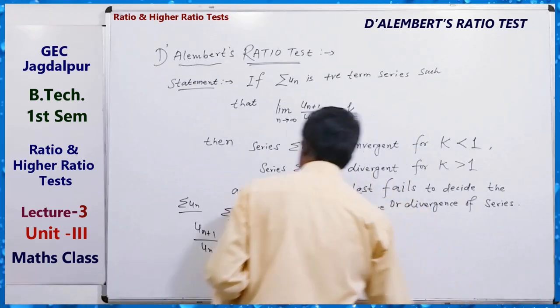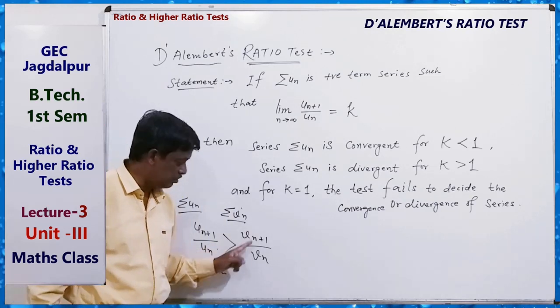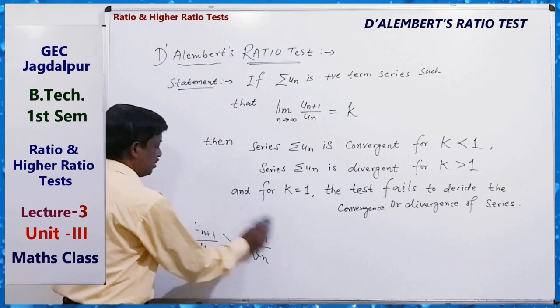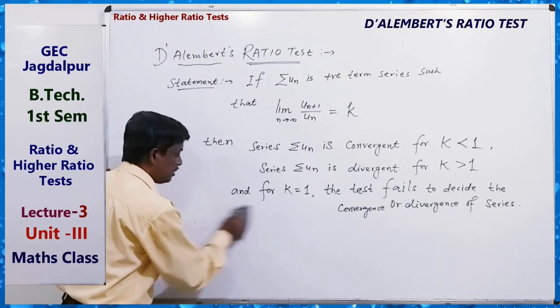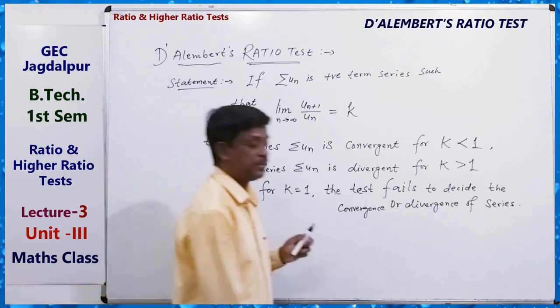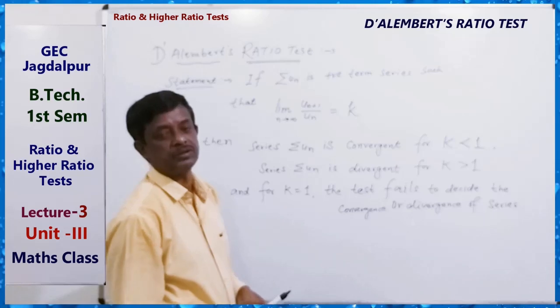Here for the ratio we find n plus 1 as the numerator and n as the denominator. So it's a higher test.